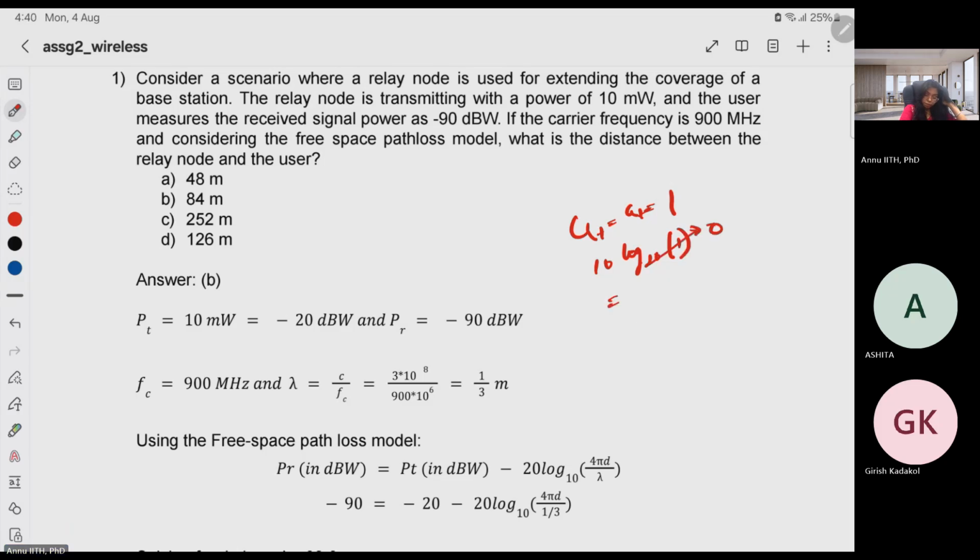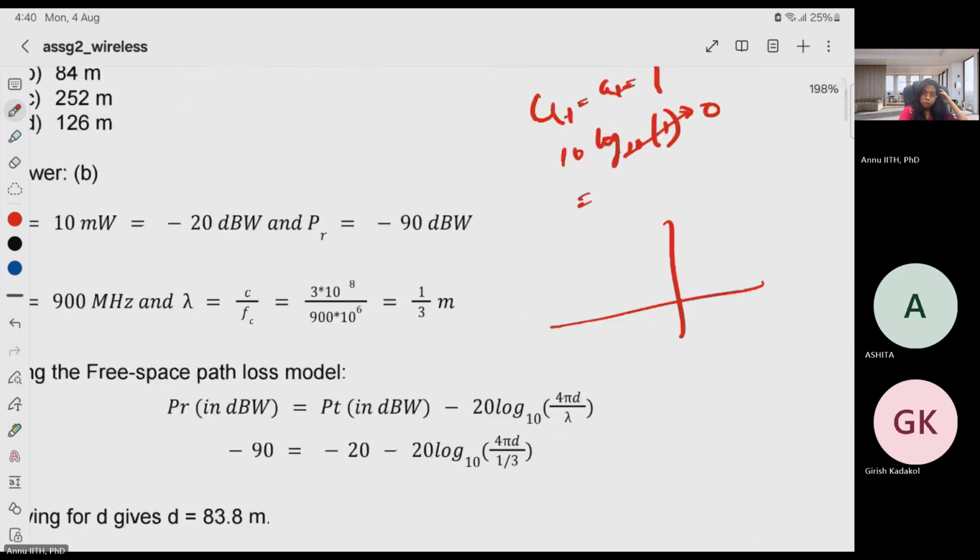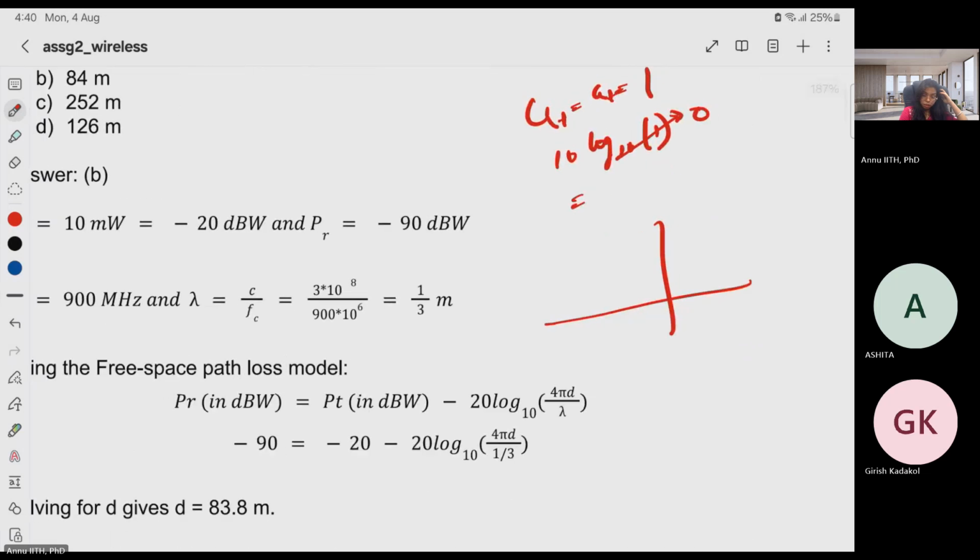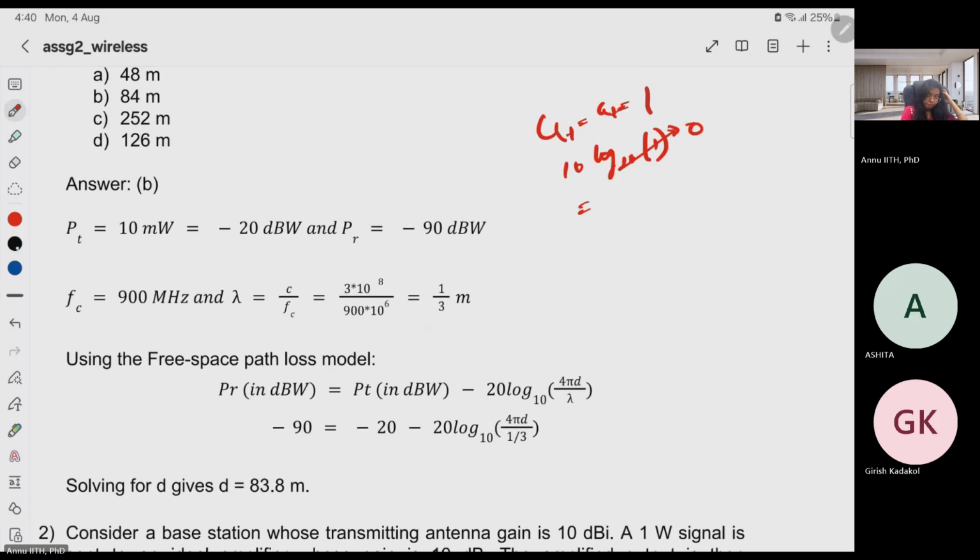See how the log curve looks like. The log is 1 here. This is log base 2 of x.